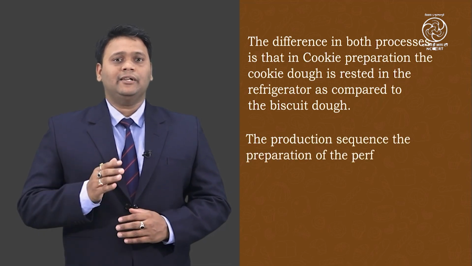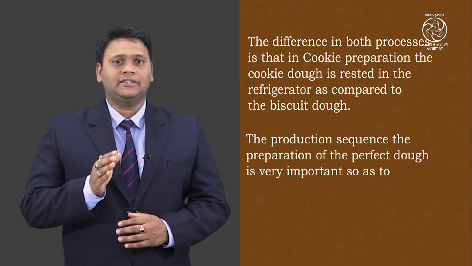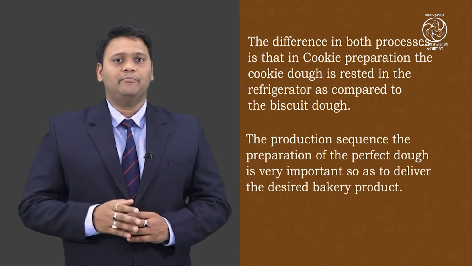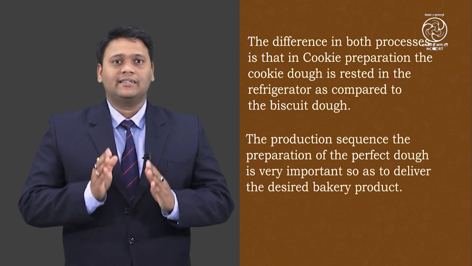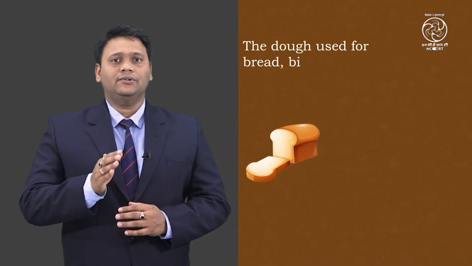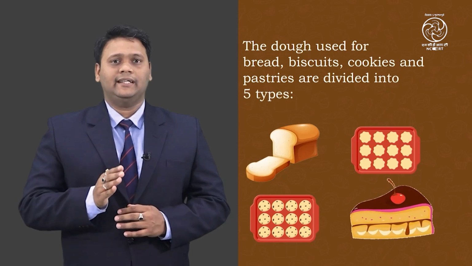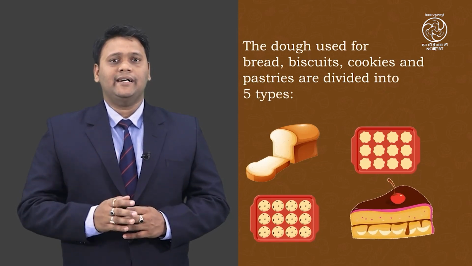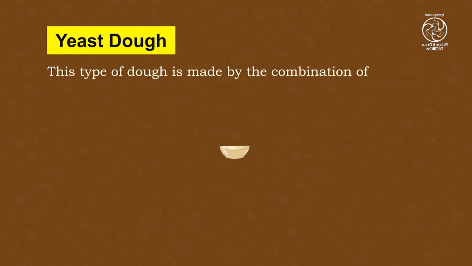Students, during the production sequence, the preparation of the perfect dough is very important so as to deliver the desired bakery product. The dough used for bread, biscuit, cookies and pastries are divided into 5 types. First is the yeast dough.